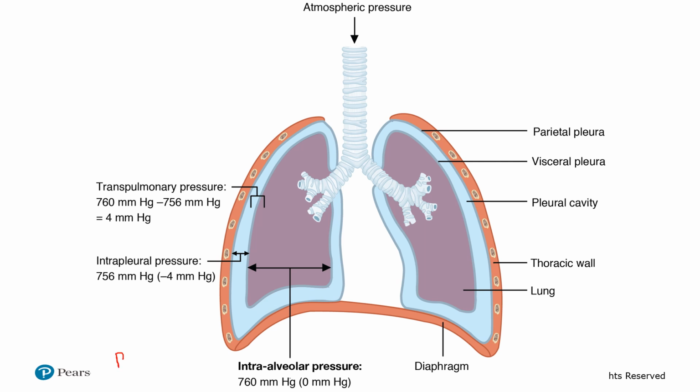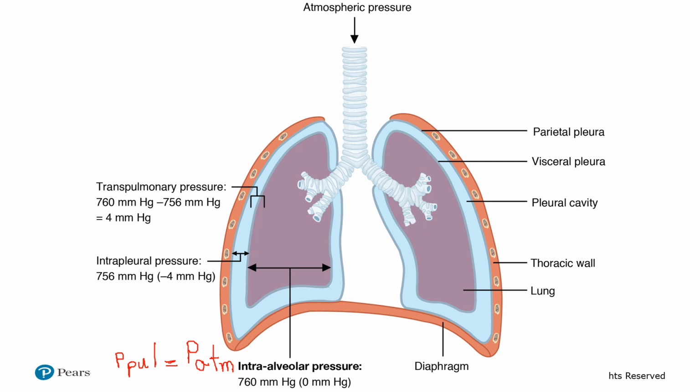This intra-alveolar pressure is also known as intrapulmonary pressure, because this is the pressure which is present inside the lung, and this is how we write it. So 0 intra-alveolar or 0 intrapulmonary pressure means that this is equal to the atmospheric pressure.